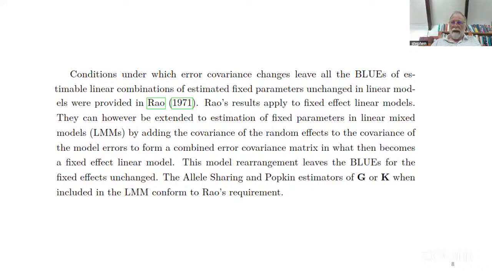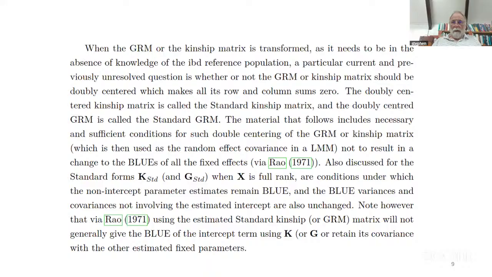So what we're looking at is rearrangements of this G or K matrix, which in turn changes the overall or total variance covariance matrix. And what we're asking is, do we still get the same fixed parameters and various other properties as well? We don't have any observational information about this identity by descent.